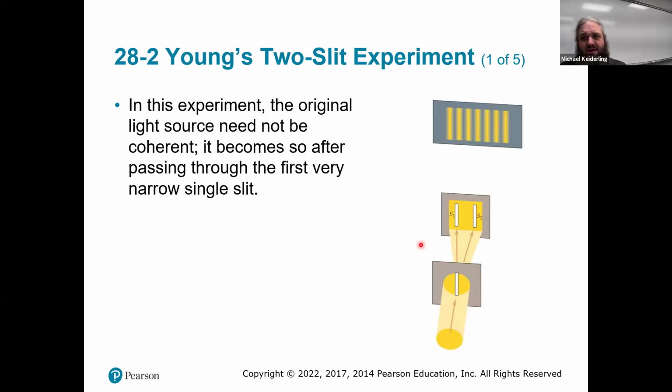So one of the classic demonstrations of this was Young's two-slit experiment, where by running light through a single narrow slit, he rendered it coherent, and then ran it through two slits.